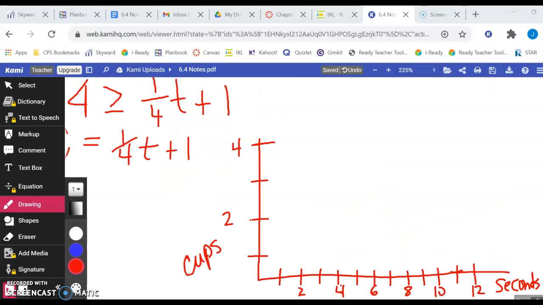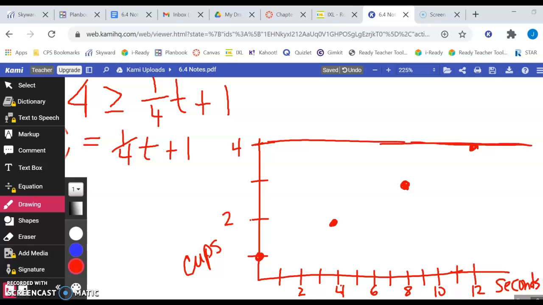All right, so starting over, I needed a bigger graph. So y-intercept is +1, so I'm going to put a dot there. Slope is 1/4, so from that dot, I'm going to go up 1 and over 4. Then I'm going to continue. I'm going to go up 1 and over 4 again. Put me about there. And one more time, up 1 and over 4. The reason I did that is because the pitcher only holds 4 cups, so I can only go this high.